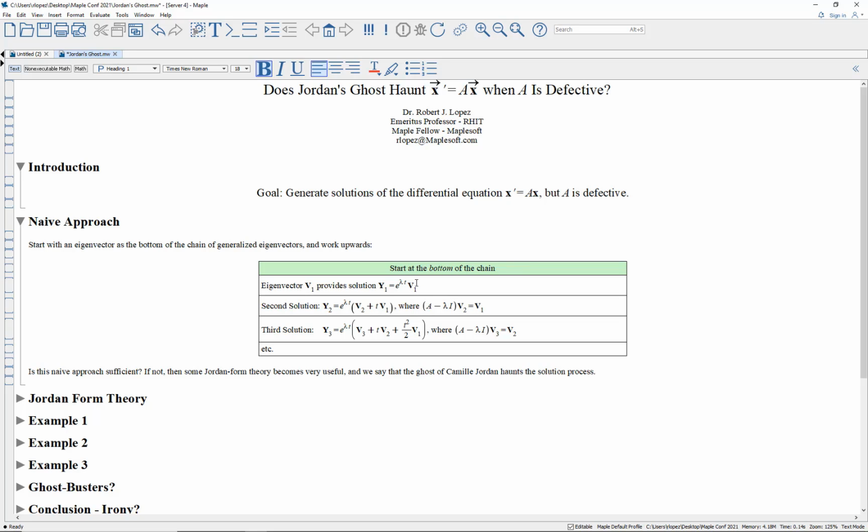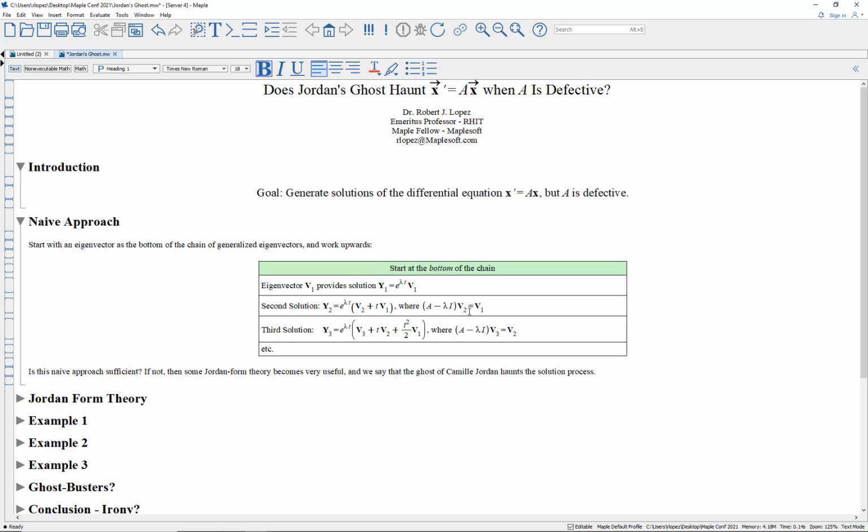It gives a first solution to the differential equation. To get a second solution in the defective case, it requires getting a generalized eigenvector, and a third solution requires getting another generalized eigenvector, working up the chain from known to unknown.